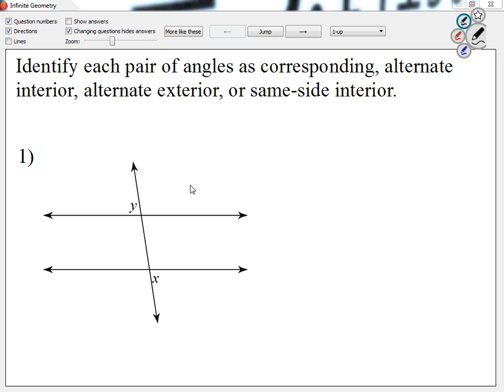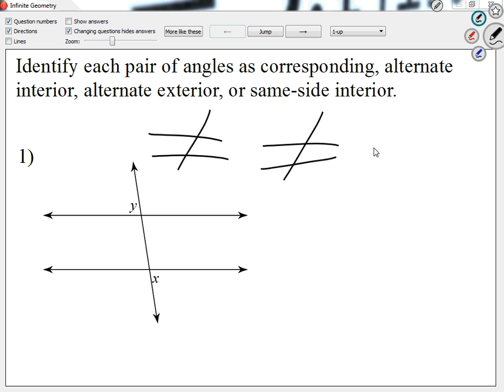Looking at the first 10 questions, it says identify each pair of angles as corresponding, alternate interior, alternate exterior, or same side interior. Let me write an example of each. For corresponding, they will look something like that. They're on the same side of the transversal. One of them is interior, the other one is exterior. That would be for corresponding.